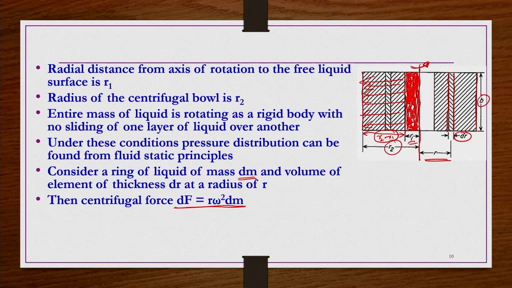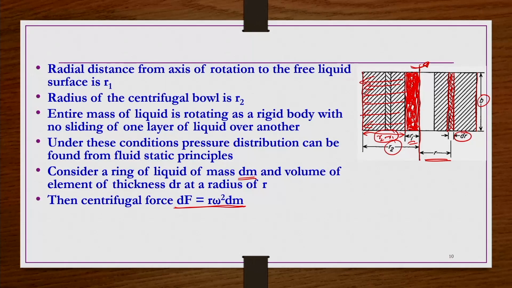If that is multiplied by the mass, you will get the centrifugal force, but we are now doing it for a ring of liquid having thickness dr. So the centrifugal force dF should be r omega square multiplied by dm, where dm is the mass of the liquid present in that ring of thickness dr.